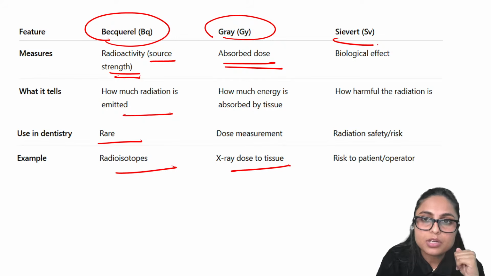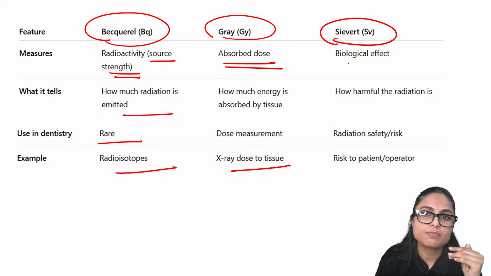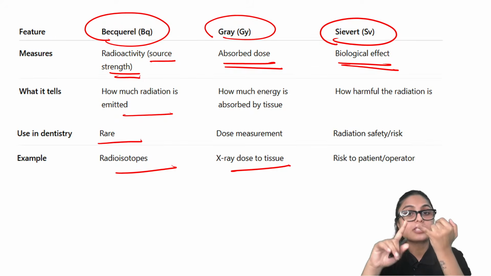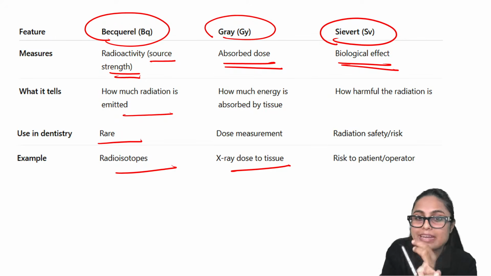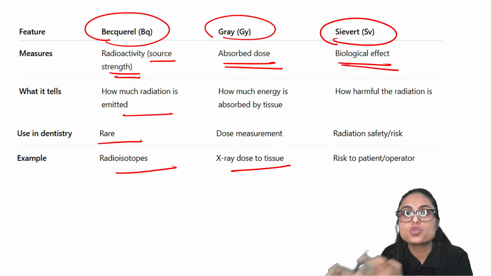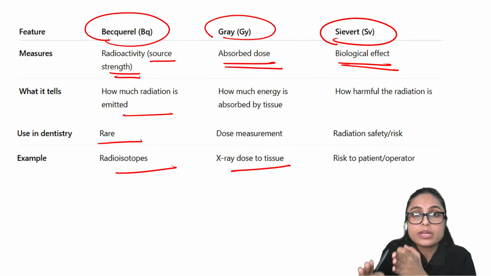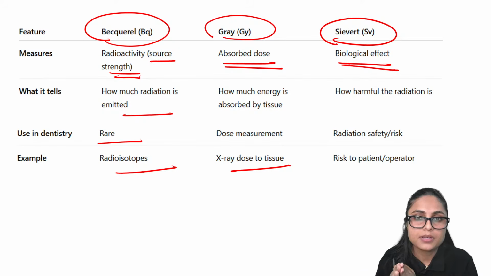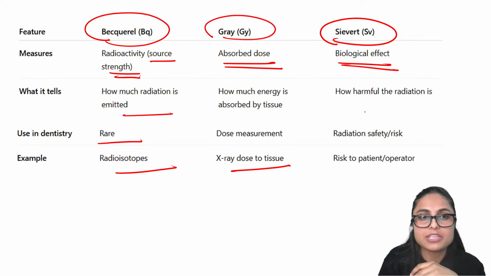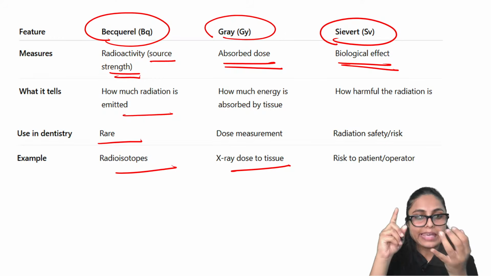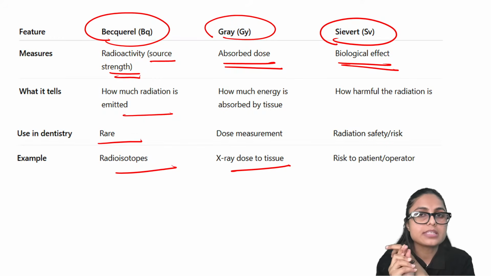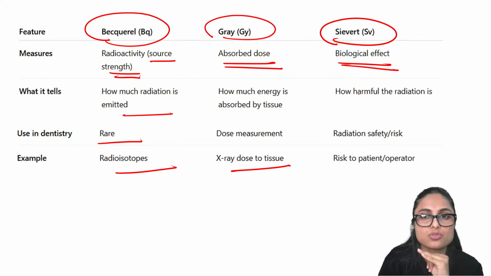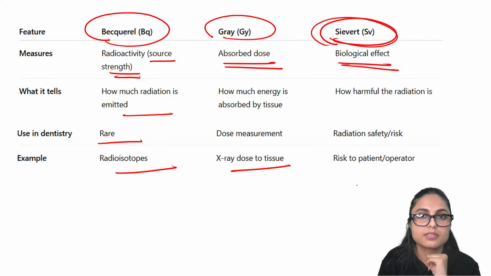Sievert basically measures biological effect, meaning how harmful your radiation is to a particular tissue according to its radiosensitivity. That is measured with the help of equivalent dose and effective dose, and the unit of these two quantities is sievert.